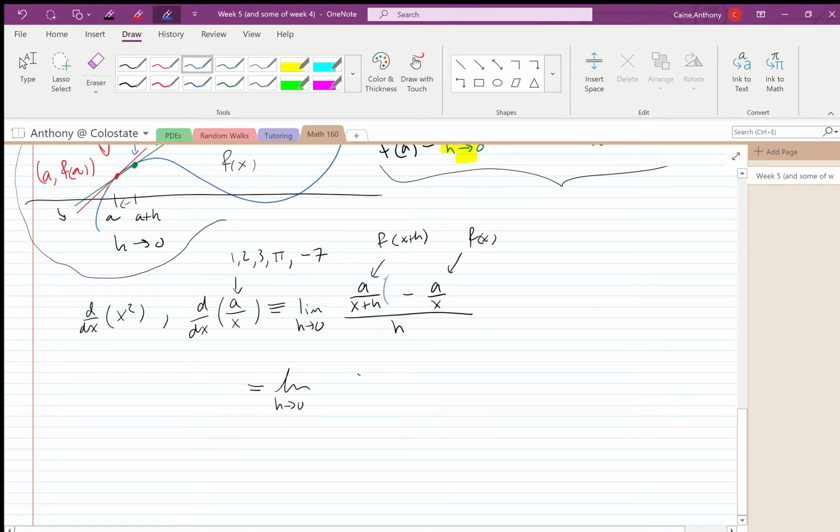I multiply this by x over x, and I multiply this by x plus h over x plus h. So on top for my first fraction I have ax, and on bottom I have x times x plus h. Minus, and on top for my second I have a times x plus h, which, let's go ahead and distribute that. I have ax plus ah over x times x plus h, and all of that is over h.